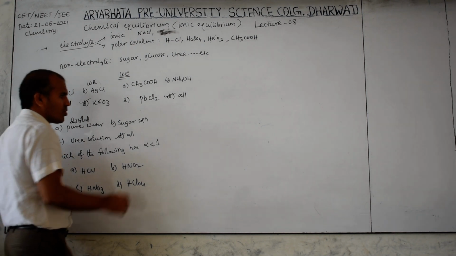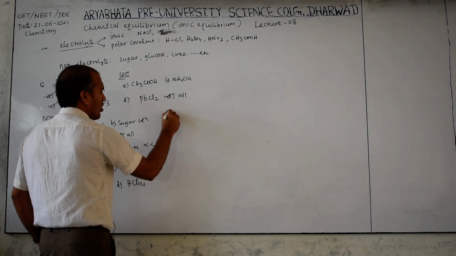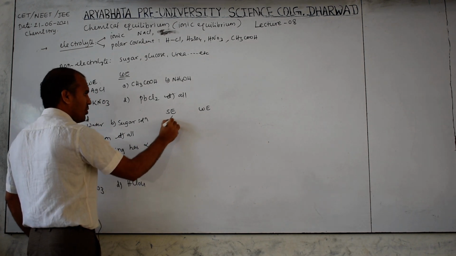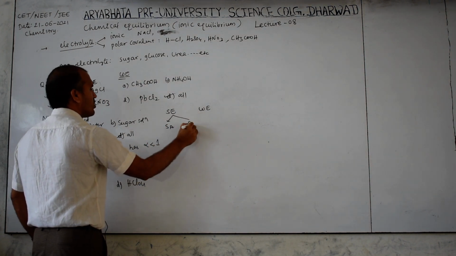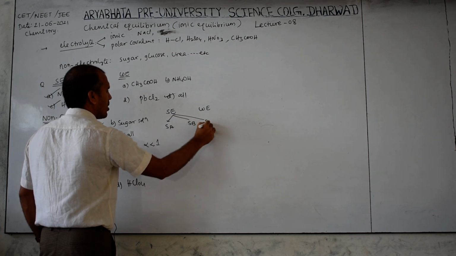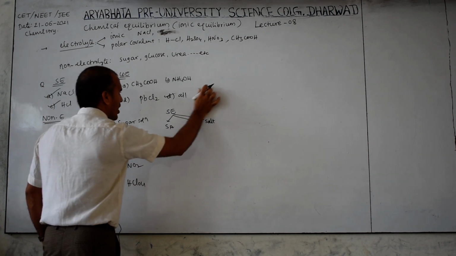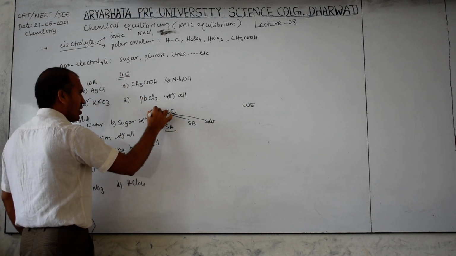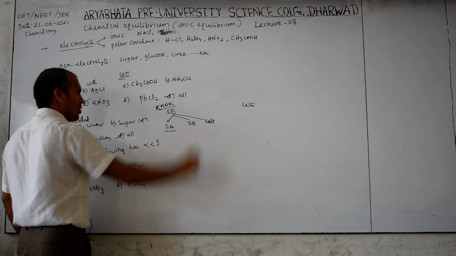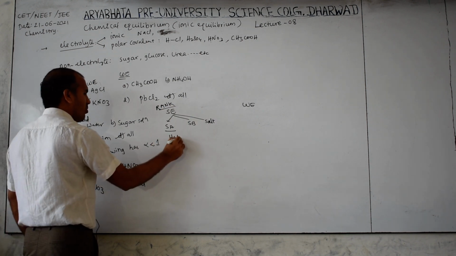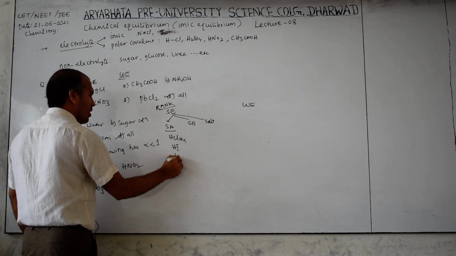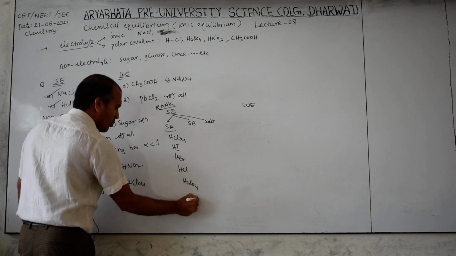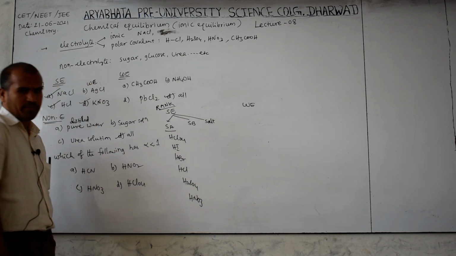I will write strong electrolytes and weak electrolytes. Strong electrolytes include strong acids, strong bases, and salts. What are the strong acids? Remember this shortcut, it is very helpful to answer: HClO4, HI, HBr, HCl, H2SO4, HNO3. These are the strong acids.